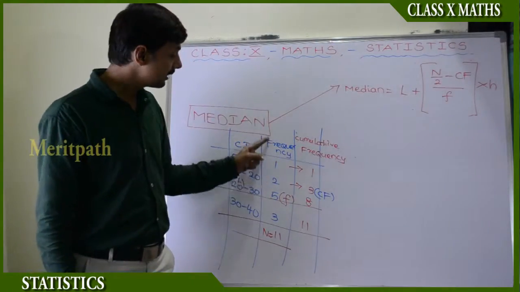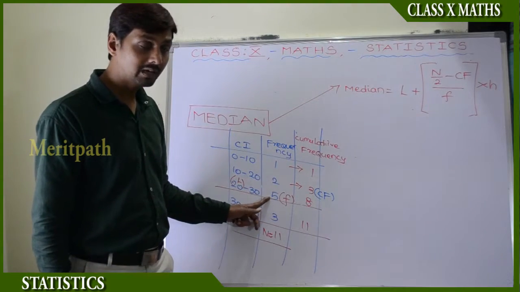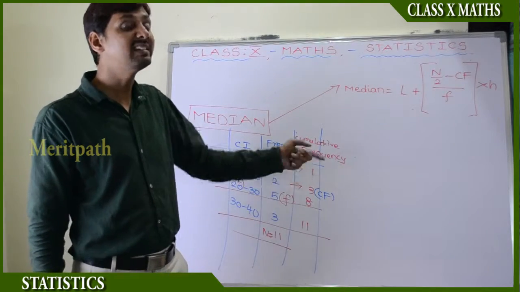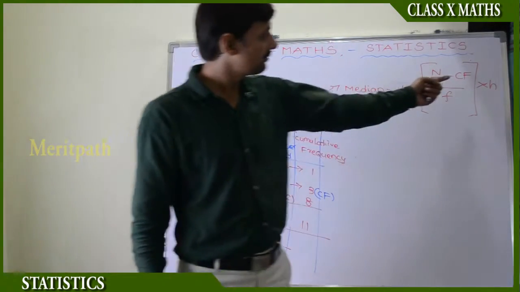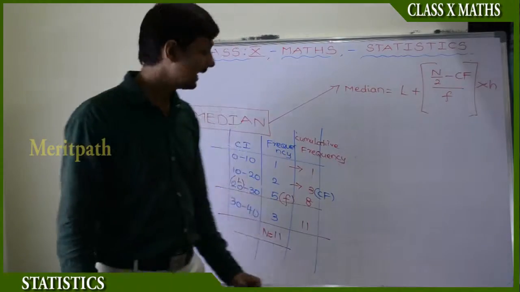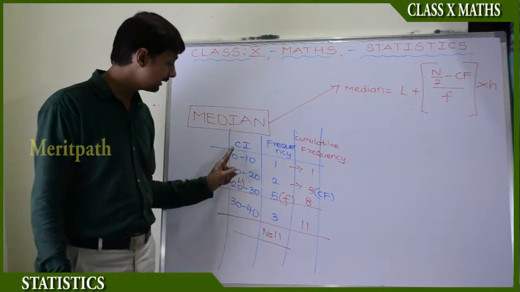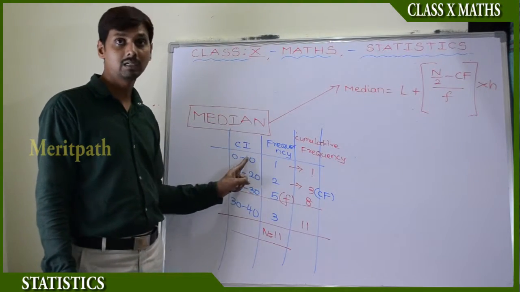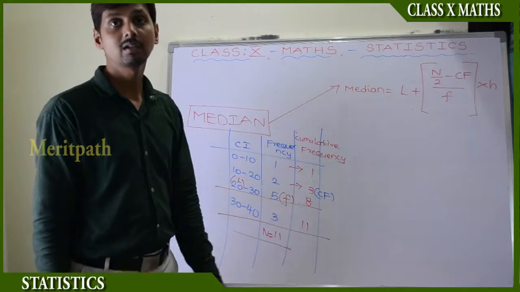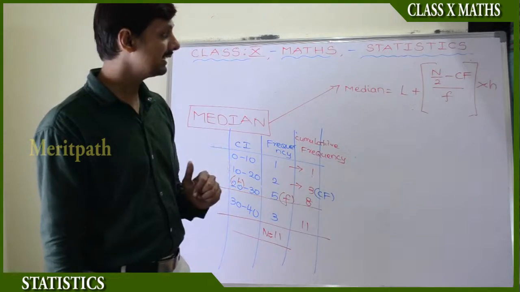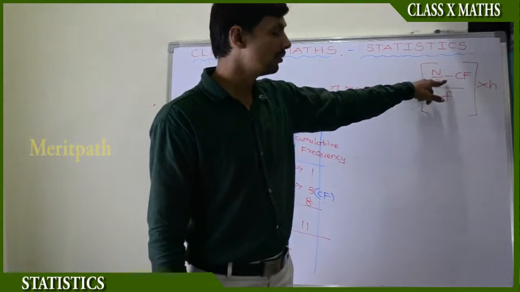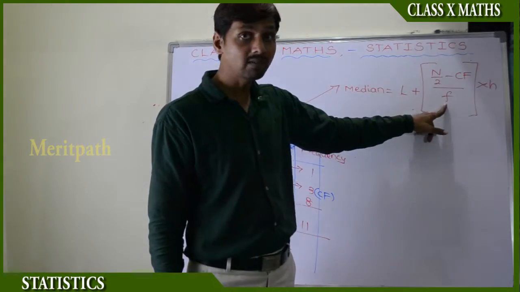CF is the cumulative frequency of the class preceding the median class, that is 3. We take it into h. h is the length of the class interval, which is 10. So the median is L plus n by 2 minus CF divided by small f into h.